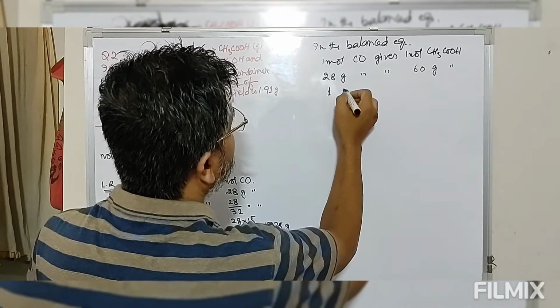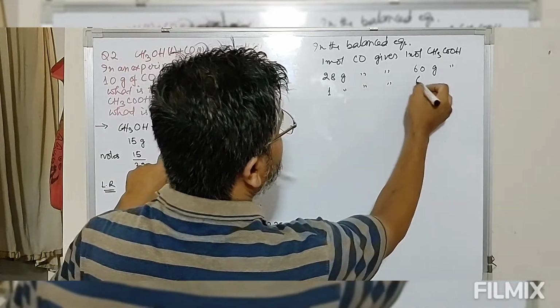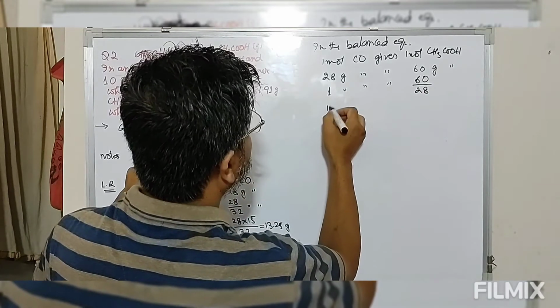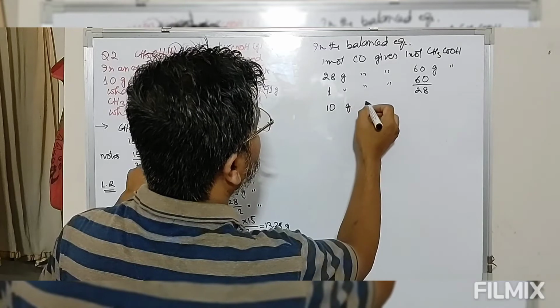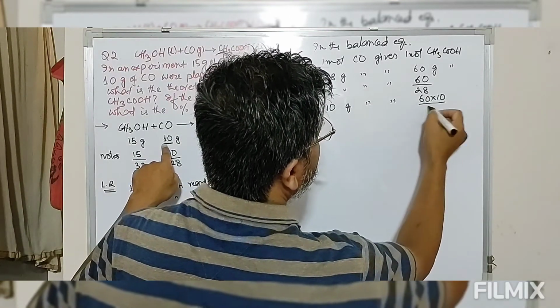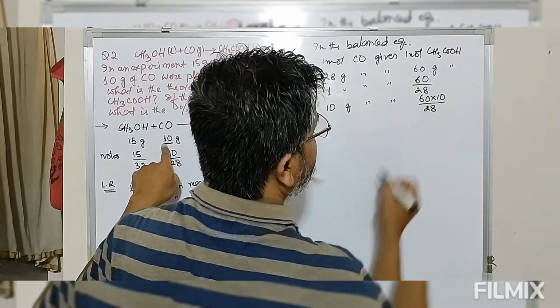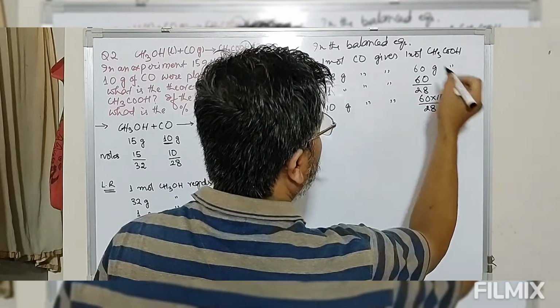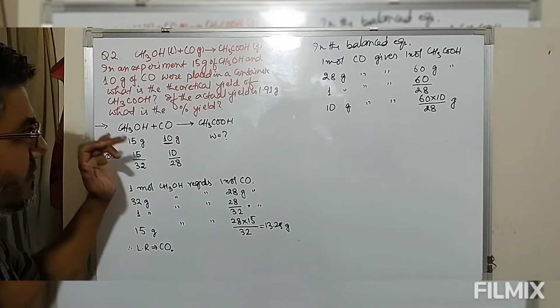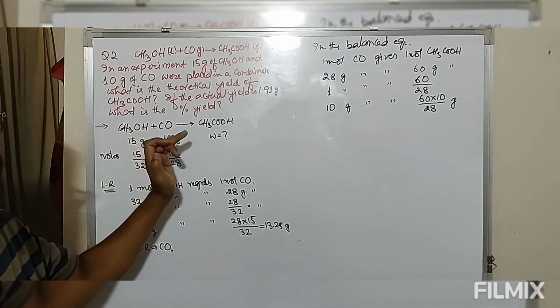So 1 gram will give 60 by 28, then 10 gram of carbon monoxide will give you 60 into 10 divided by 28. This is the theoretical mass expected from this stoichiometric ratio.